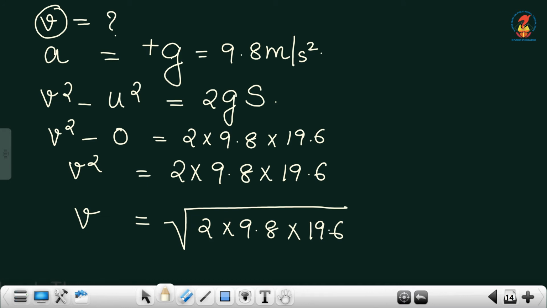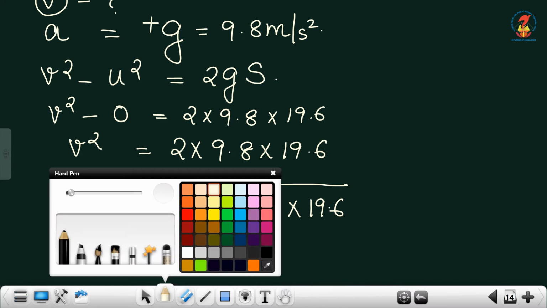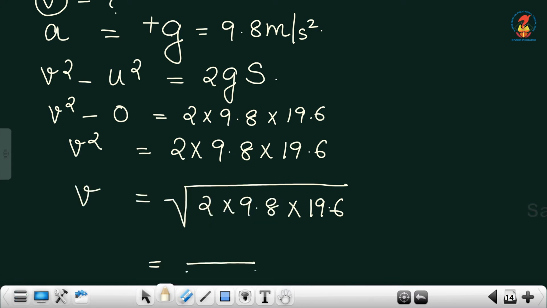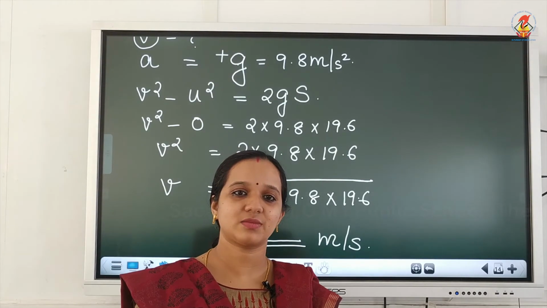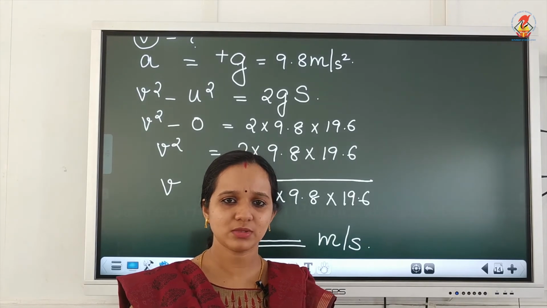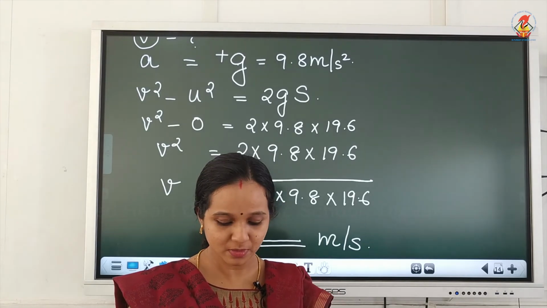Take the square root and get the answer for v, and the unit of v will be in meter per second. Okay, simple and direct problem.